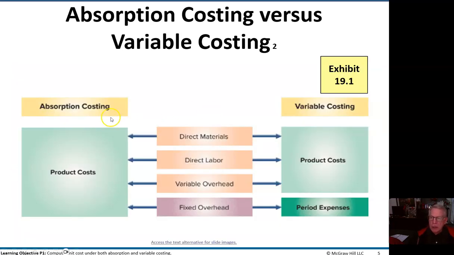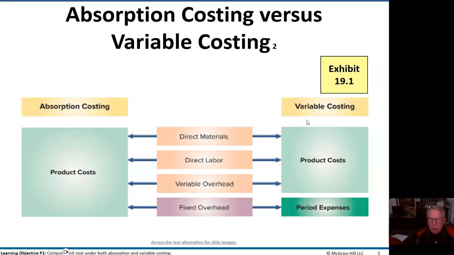All right, let's look at absorption costing. Absorption costing, I call it sometimes full absorption costing. That's our product costs. And as noted there, we have direct materials, direct labor, variable overhead, and fixed overhead. Whereas for variable costing, we include the fixed overhead in period expenses, whereas direct materials, direct labor, and variable costs are included in the product cost.